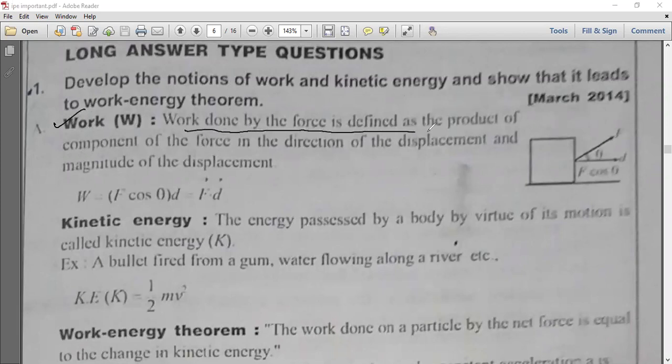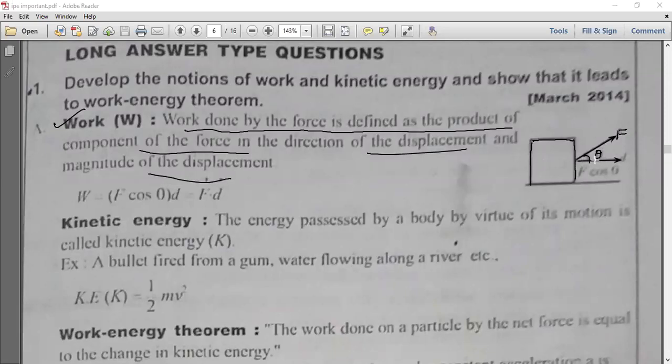Work done by a force is defined as the product of the component of the force in the direction of displacement and the magnitude of the displacement. For example, assume that this is a block and you are pulling in this direction, and the applied force is F. This is angle theta, and the body is displacing in this direction.